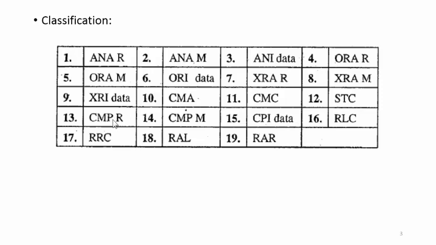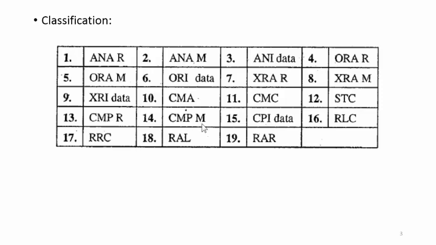Then the comparing instructions, CMP R. CMP R is nothing but compare accumulator content and register content, and the result you get through flag bits. And as I said, the comparison is done with the help of 2's complement subtraction internally, but the result you get through flag bits.